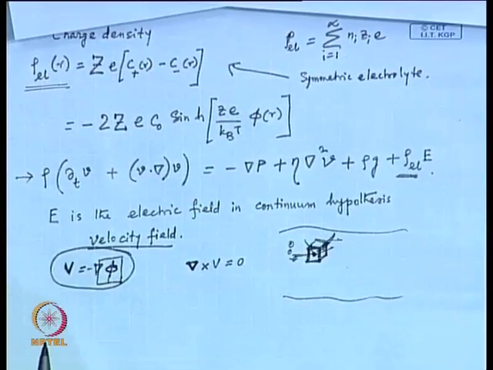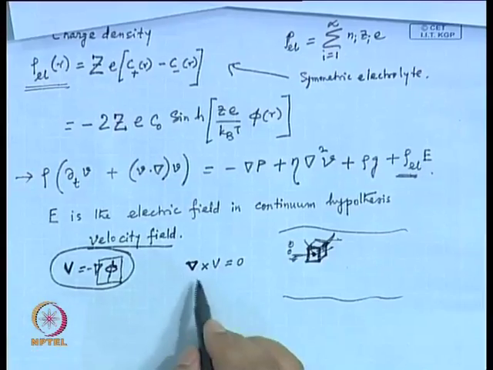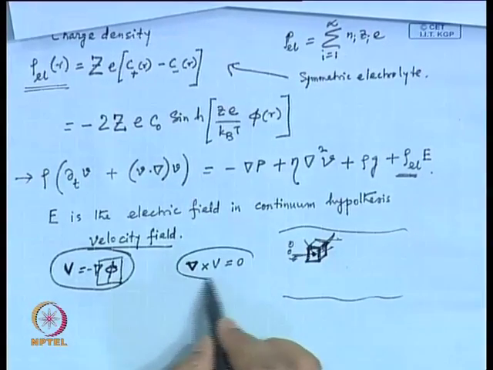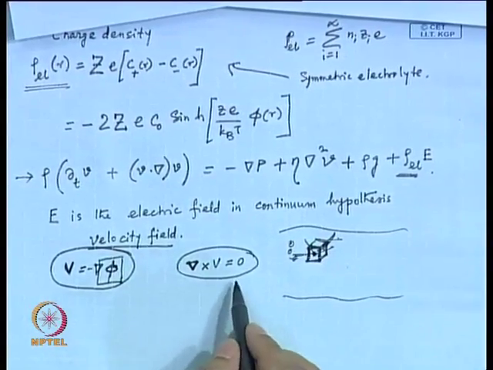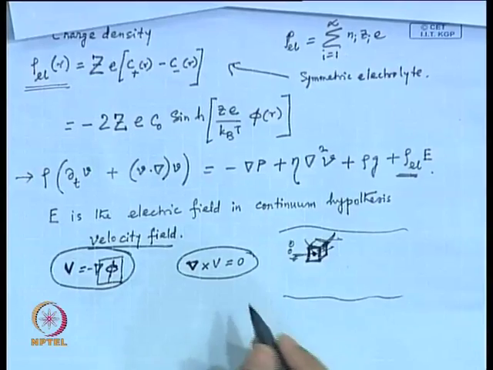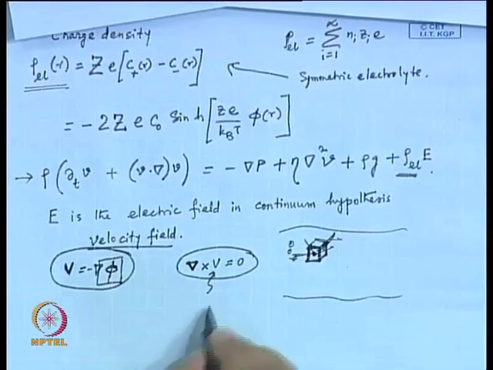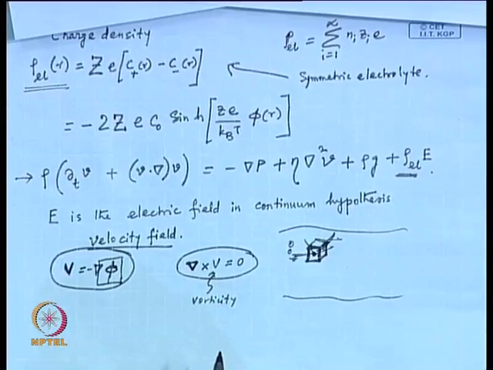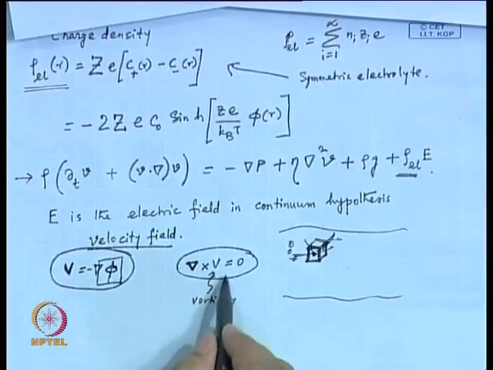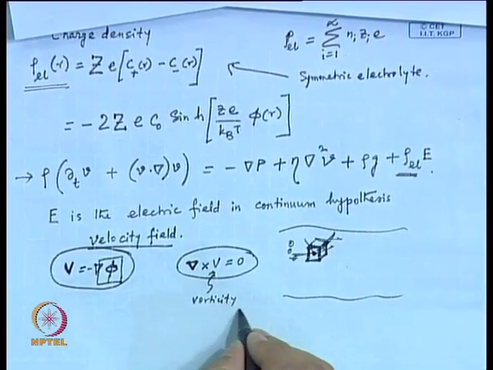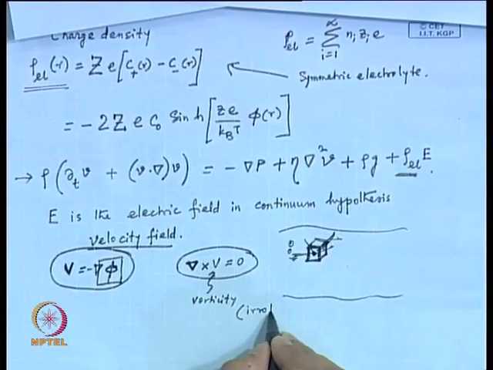What is V? V is the velocity field. And what does del cross V mean? It means the curl of the velocity vector, and this refers to the vorticity of the velocity field. If this is equal to 0, then you consider this flow to be irrotational.